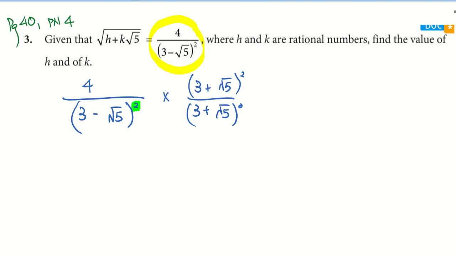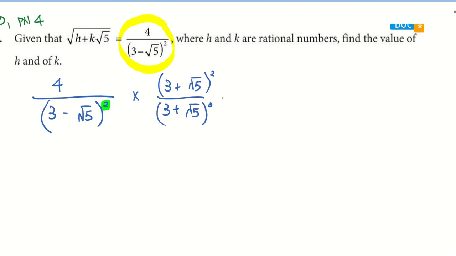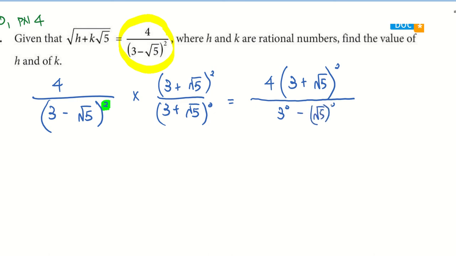Alright, then I simplify. I don't do anything first. Let me write down everything. Numerator times numerator, denominator multiplied by denominator. But as you remember, the product of two conjugates, this is what is going to happen: 3 square minus square root of 5 square.